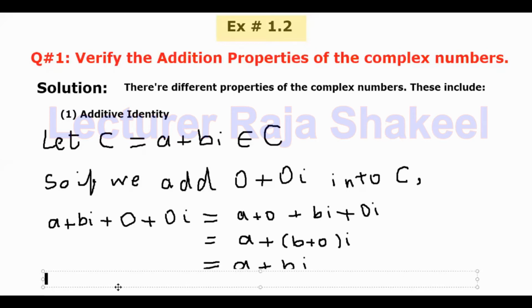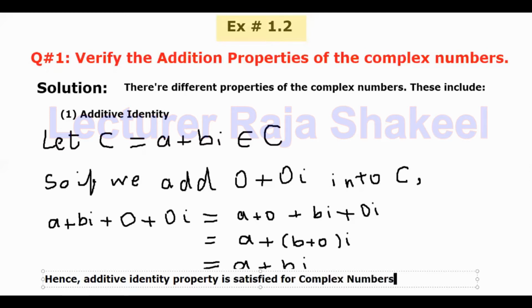Hence the additive identity property is satisfied for complex numbers. So this was the proof of the additive identity property for the complex numbers.